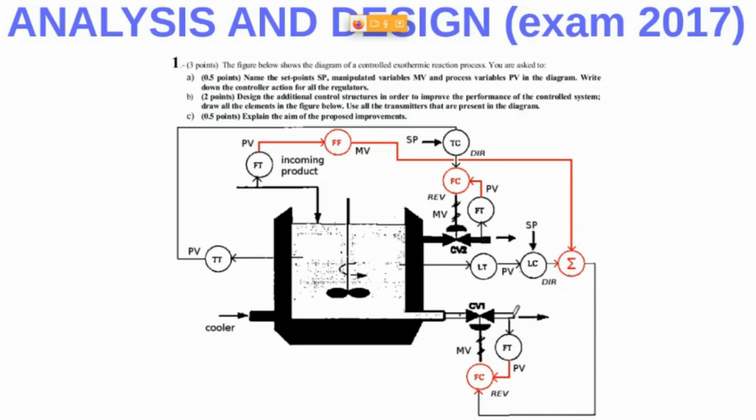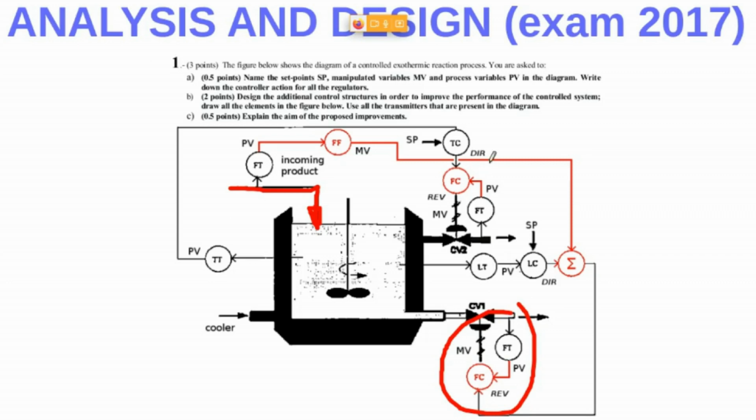Remember the cascade? Here we have the inner loop. So the feed-forward controller action will be added in here, just because if the incoming product changes, we can modify the outgoing flow rate of the resulting product, right?